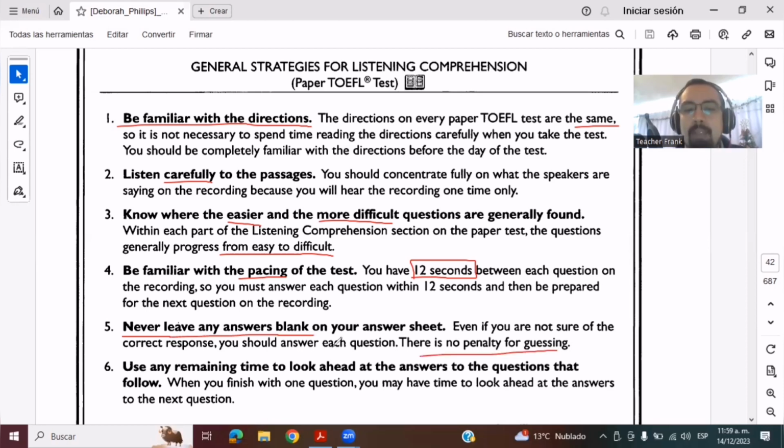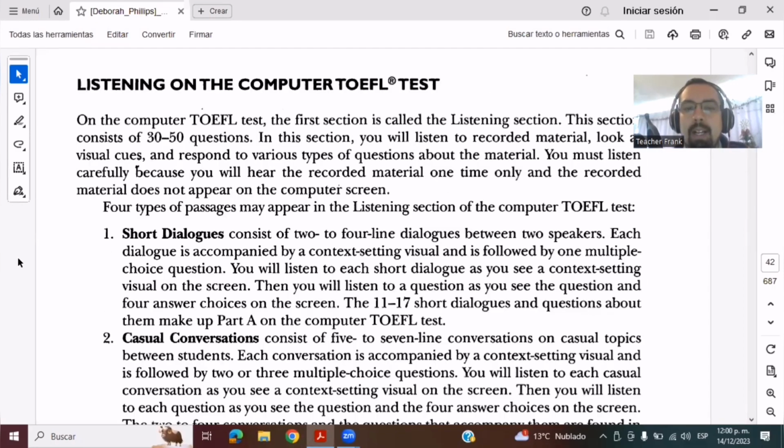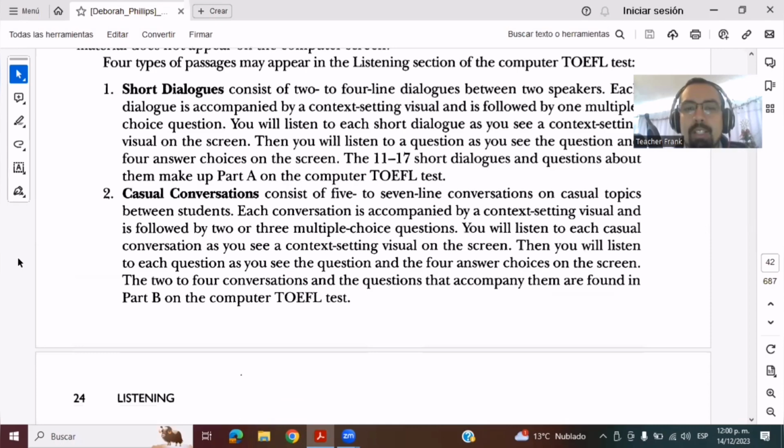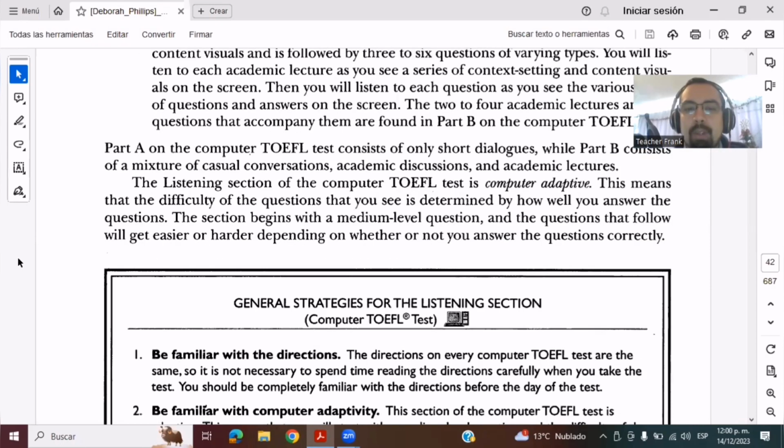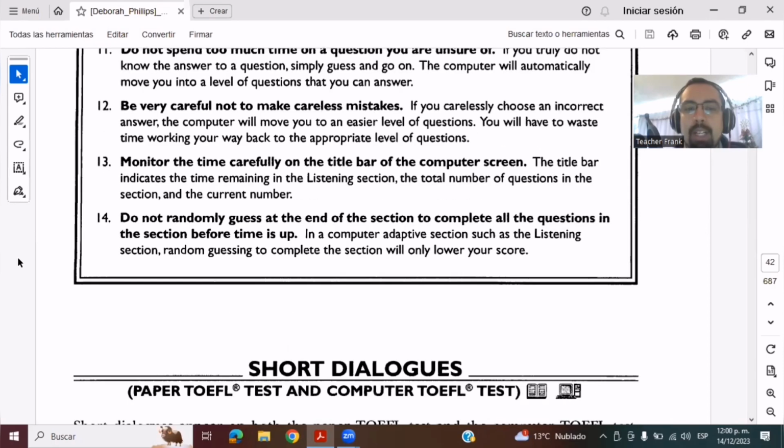Exactly. And if you have time, remaining time, look ahead, right? Or look back. So you can use this as a tip to either look ahead or look back. So these are the general tips for the listening comprehension part. Okay, so then there's the general information for the computer as well.